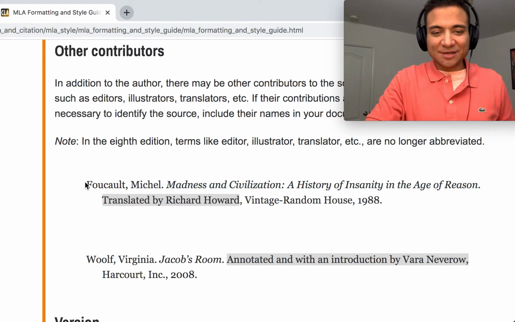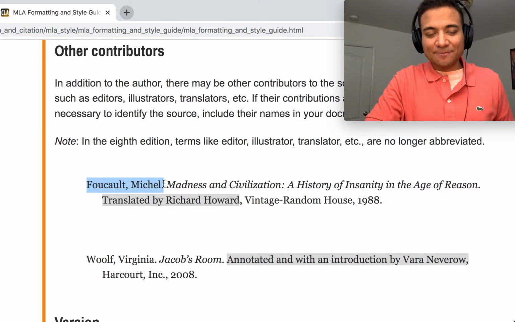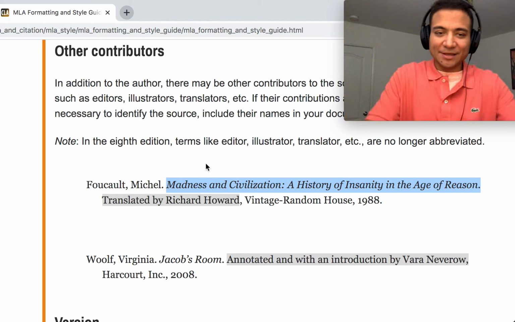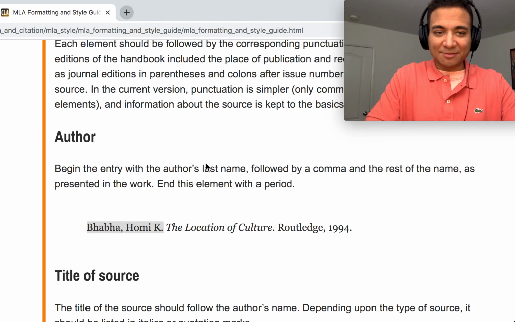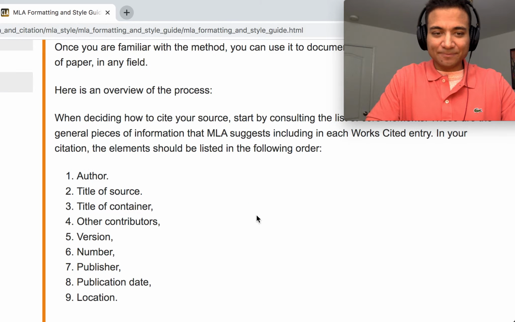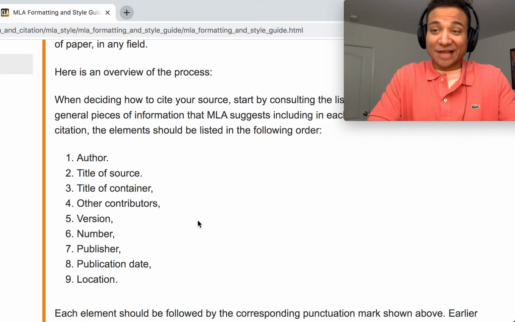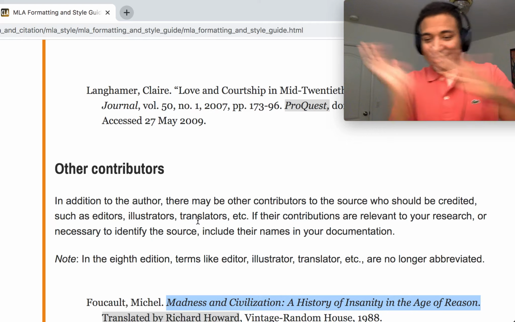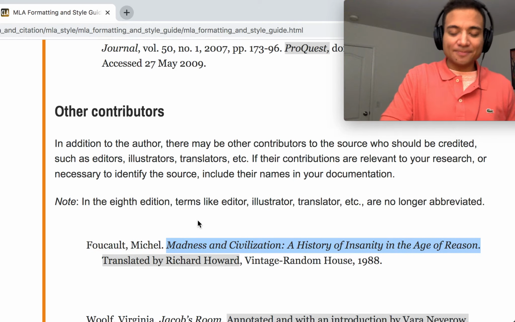So this is interesting because it's both the source title and just happens to be a container, because it's a book. So notice that. Our source happens to be a container in this case. Therefore, since it's a container, it's italicized or underlined, remember?